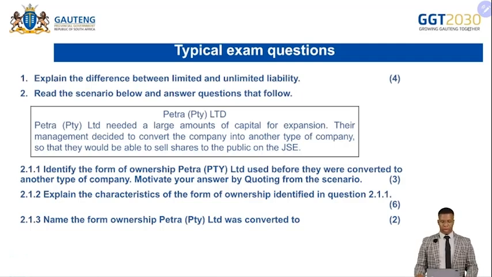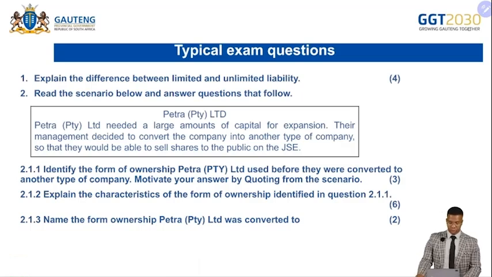Now, Petra Pty Ltd needed a large amount of capital for expansion. The management decided to convert the company into another type of company so that they would be able to sell shares to the public on the Johannesburg Securities Exchange. Now, 2.1.1, identify the form of ownership Petra Pty Ltd used before they were converted to another type of company, and motivate your answer by quoting from the scenario for 3 marks.